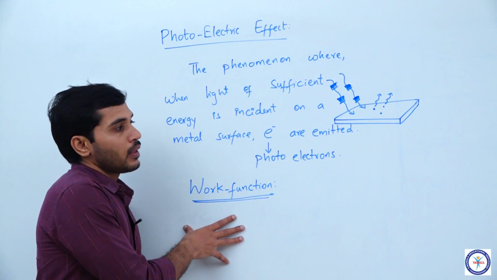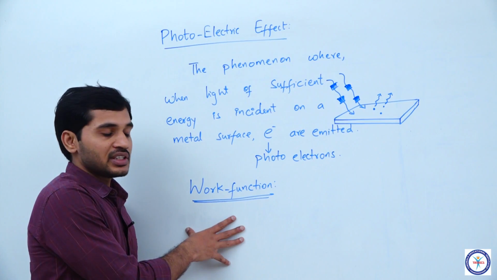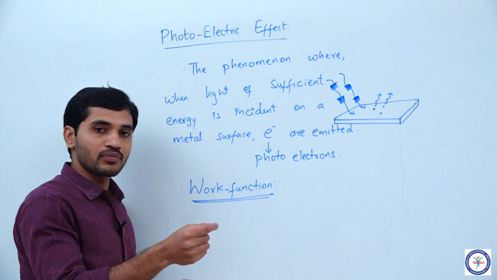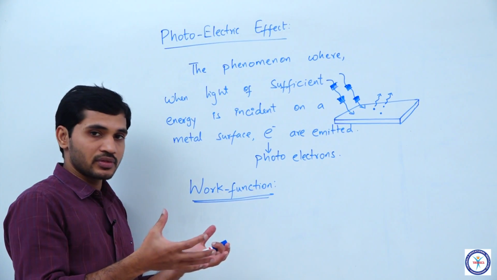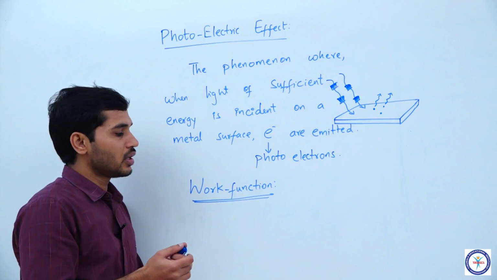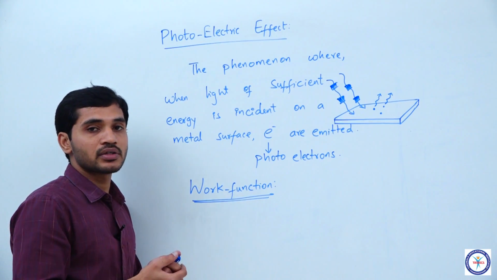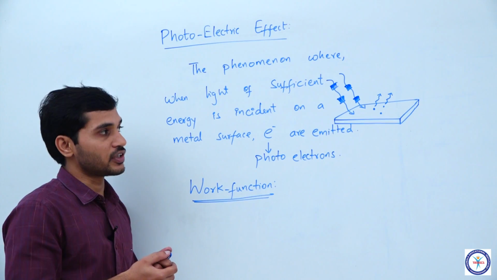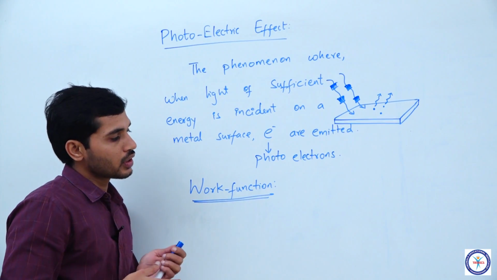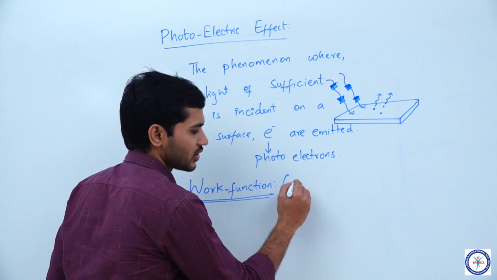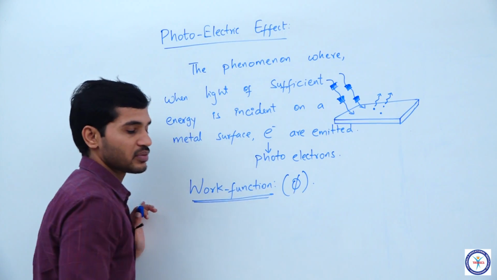Now work function basically means that to remove that electron from that bulk of material, the amount of energy that should be supplied to it is what we define as work function. I'll write it down. It is represented with the symbol phi.